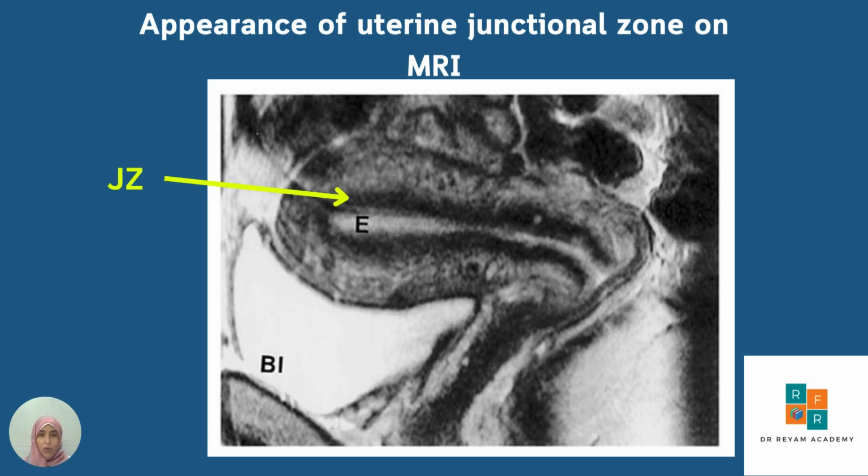Now we will explore the appearance of the junctional zone on MRI, and this image is of a normal uterus. The high signal intensity located centrally represents the endometrium, and the low signal intensity is the junctional zone.